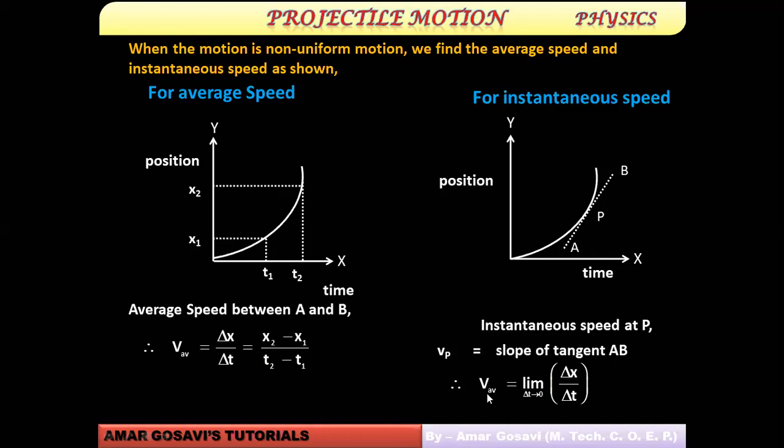We are talking about that particular instant. Okay, so delta t tending to 0. Hopefully you understood what I mean by saying tending to 0. What it means is delta t is approaching that value 0, but it has not reached it. It is about to approach, very near to that value.